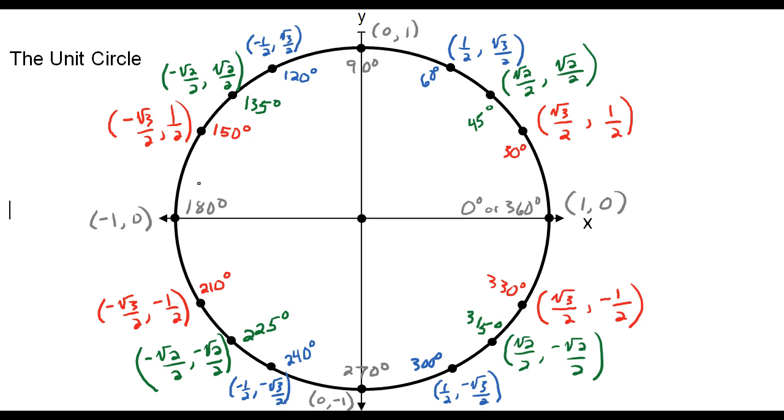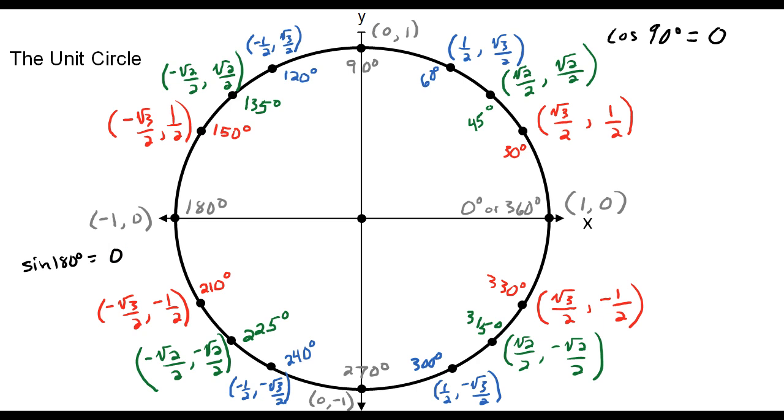But using this method, I can say that the cosine of 90 degrees is the x-coordinate, which is 0. I could come over here and say the sine of 180 degrees, that's the y-coordinate, that's 0.